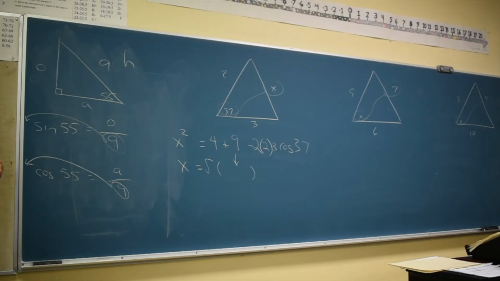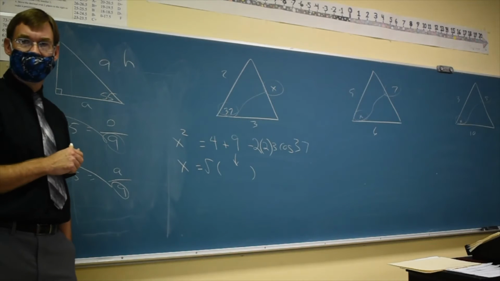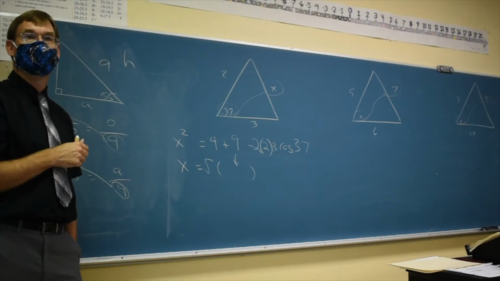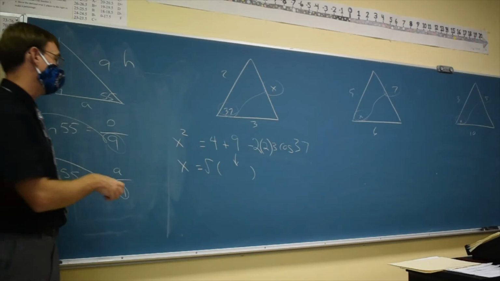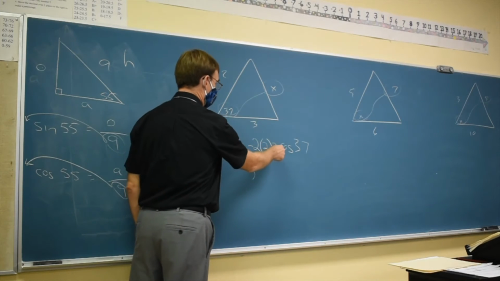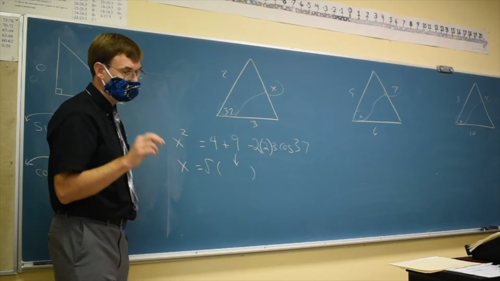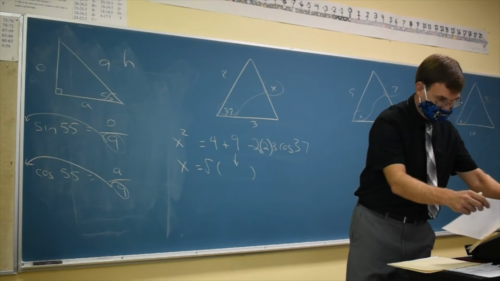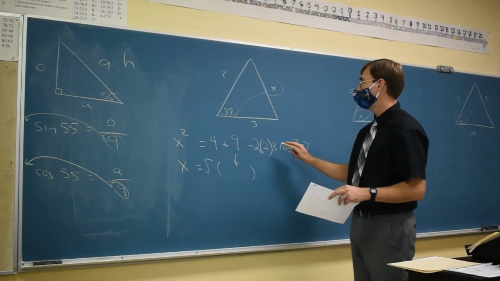If you've not used these machines much, the root button is involving yellow somehow. It's the yellow button, and then it shares with the x squared key probably. So it's yellow and then the x squared key to get this going. And then just punch in 4 plus 9 minus 2 times 2 times 3 times cosine 37. You hit enter. And what I'm hoping for is a 1.85.